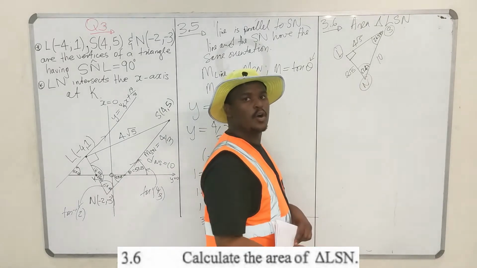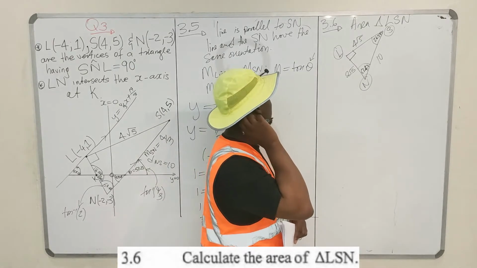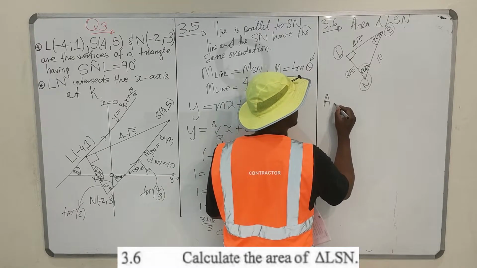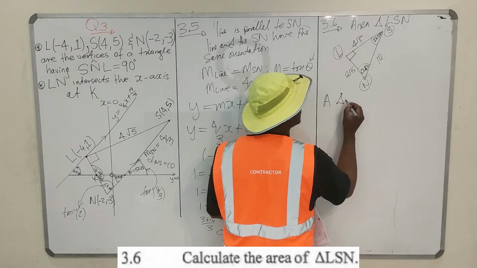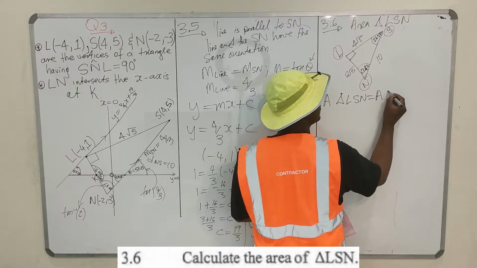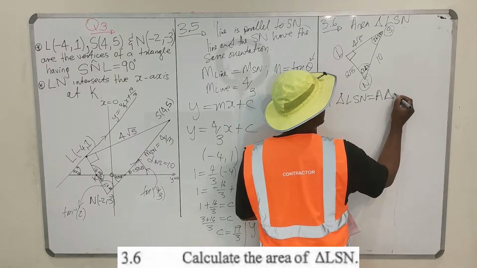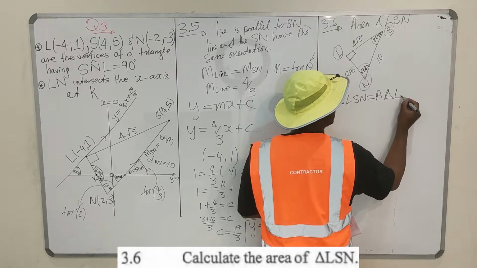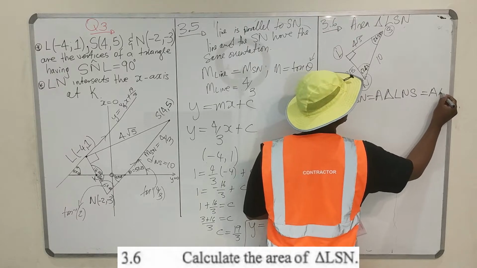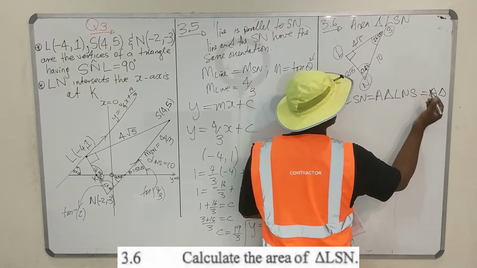I'm going to do it from all angles. Let's say the area of triangle LSN is the same as area of triangle LNS, which is the same as area of triangle the other way.